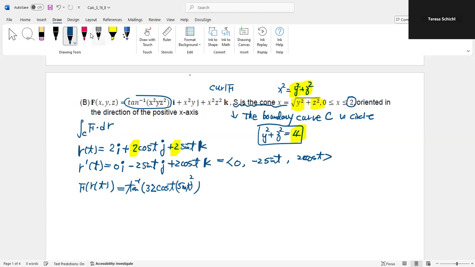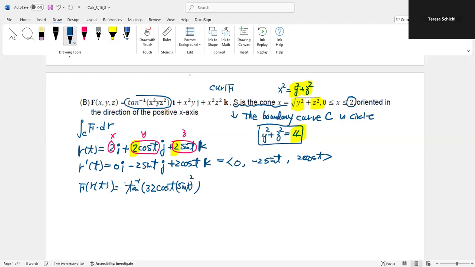Be very careful here. This is your y, this is your z, and this is your x, so you just plug it into here. Then this is my i. Let me put it into vector form, maybe it would be easier.